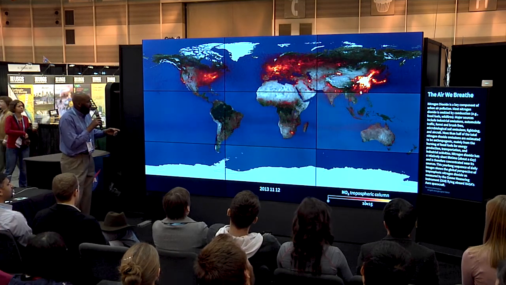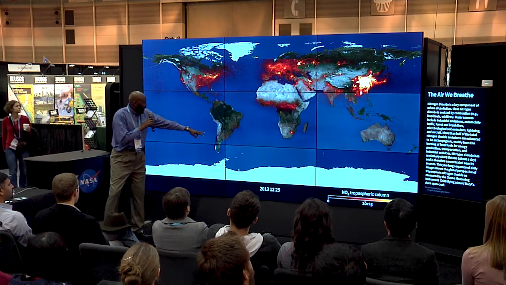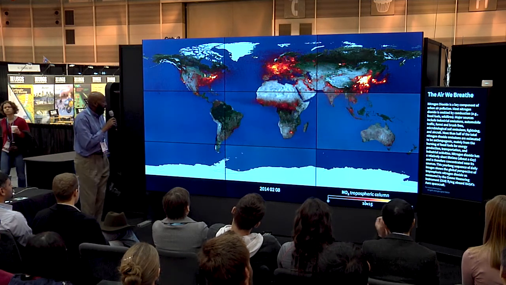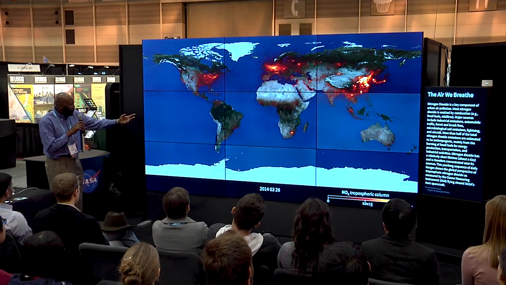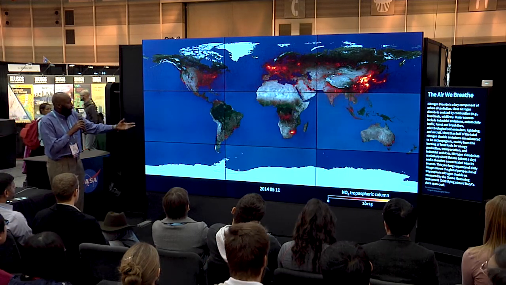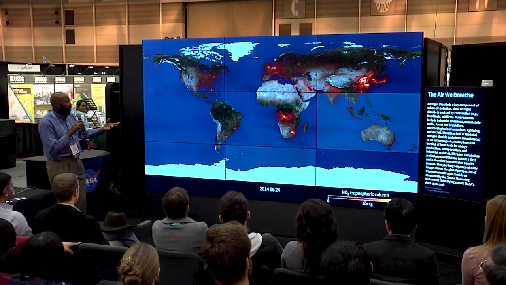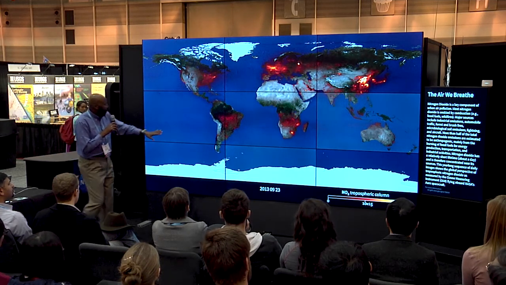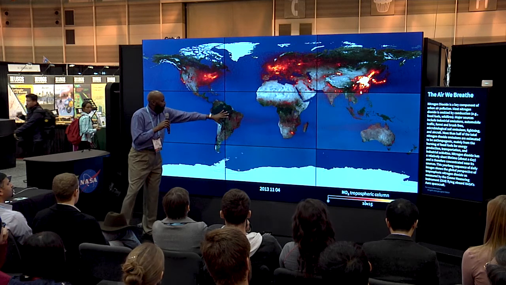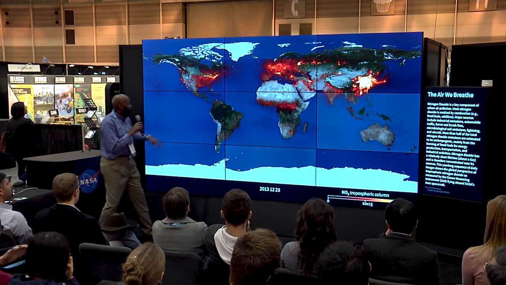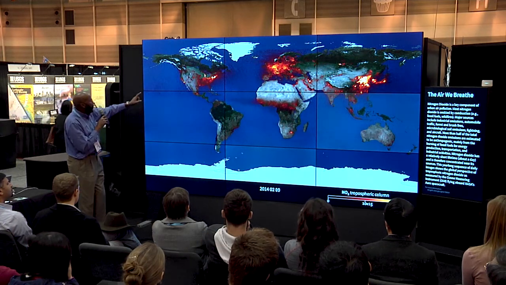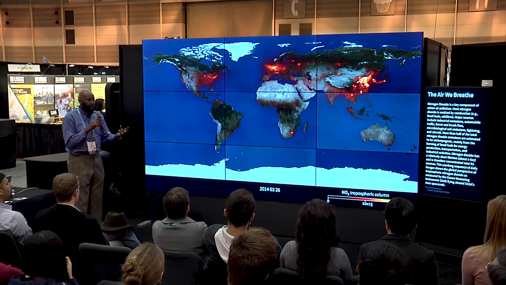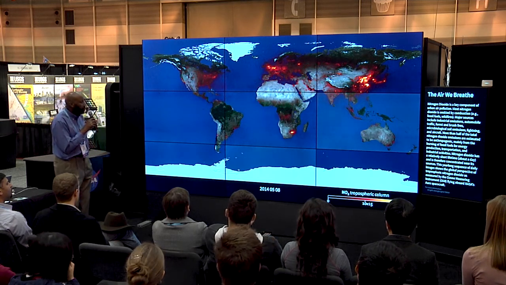Then you can see some cases where you see point sources of sulfur dioxide, where you have either large power plants or smelting operations that produce a lot of sulfur dioxide. While a lot of this is forest fire burning, some of these are actually industrial processes. And then you can pinpoint some of the cities where there are hotspots of NO2 production.